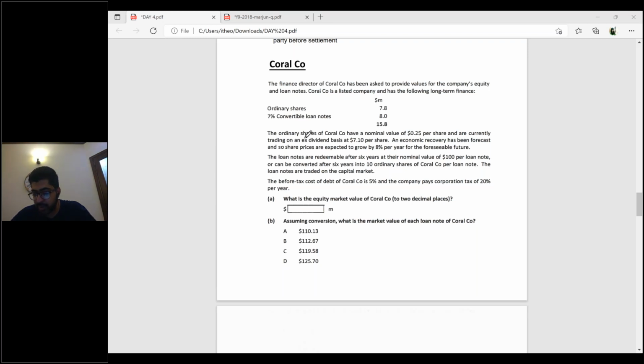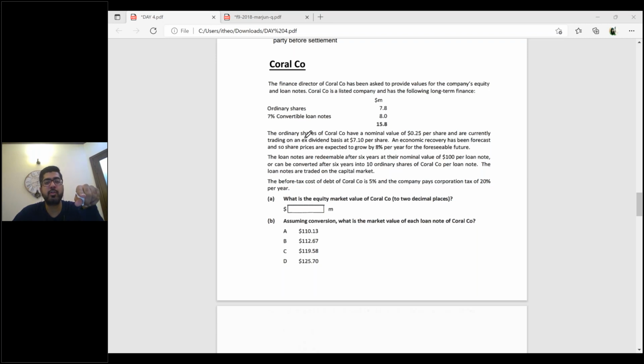Obviously equity means shares and loan notes means the company's debentures. Coral is a listed company and has the following long-term finance: ordinary shares 7.8 million, 7% convertible loan notes 8 million, total capital structure comes to 15.8 million.